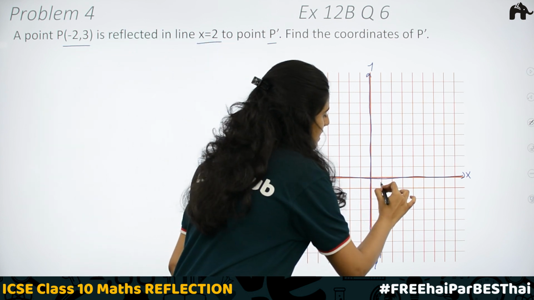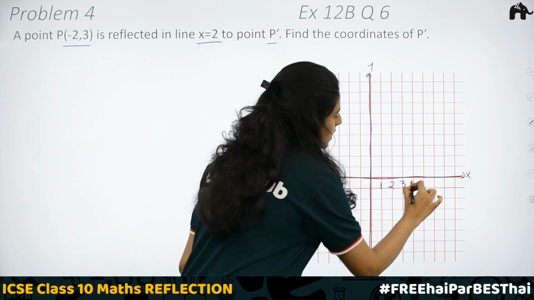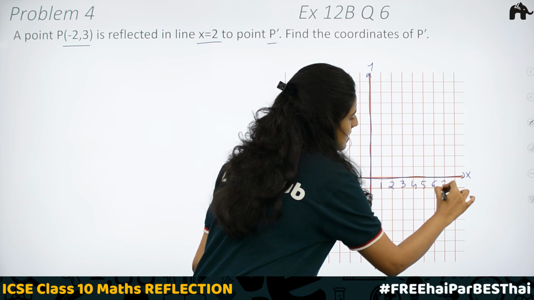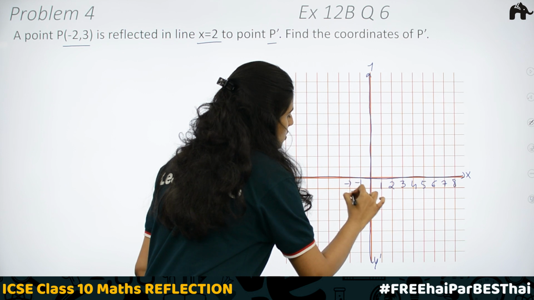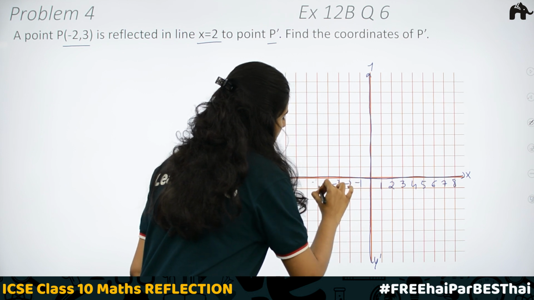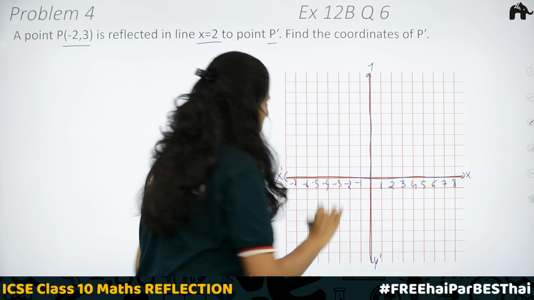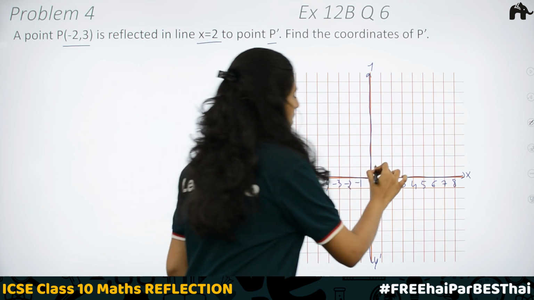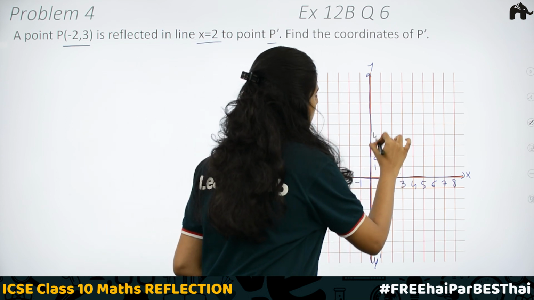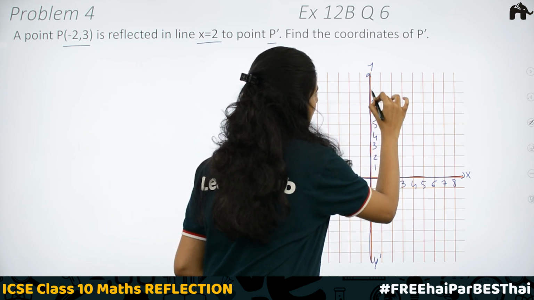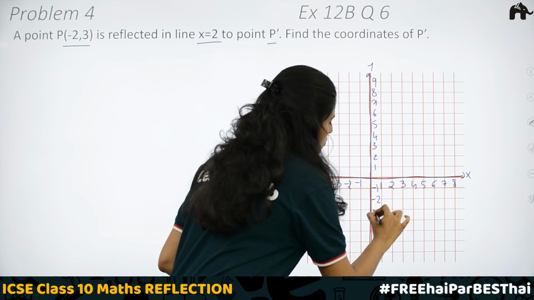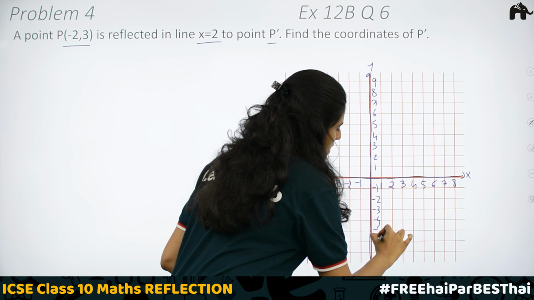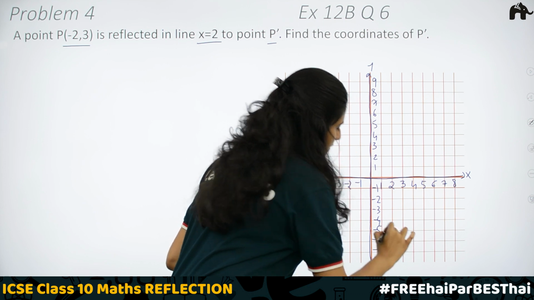Here, let us mark points 1, 2, 3, 4, 5, 6, 7, 8. Negative side, -1, -2, -3, -4, -5, -6, -7. Positive y, 1, 2, 3, 4, 5, 6, 7, 8, 9. Negative side, -1, -2, -3, -4, -5, -6, -7.